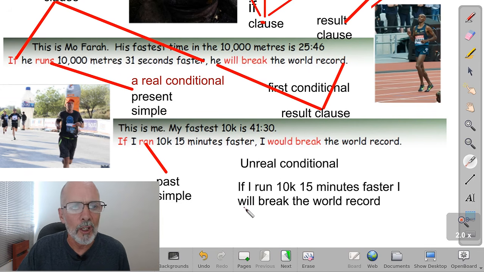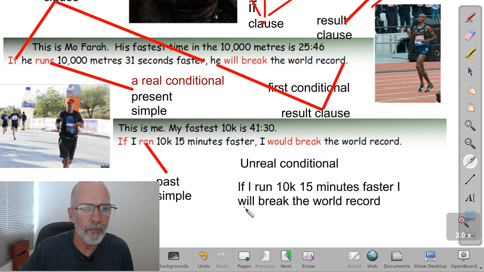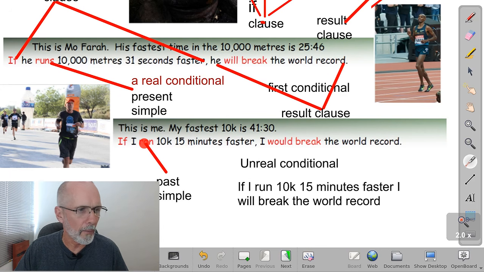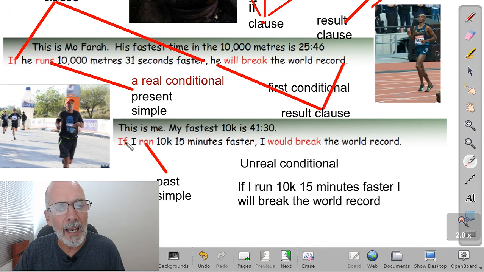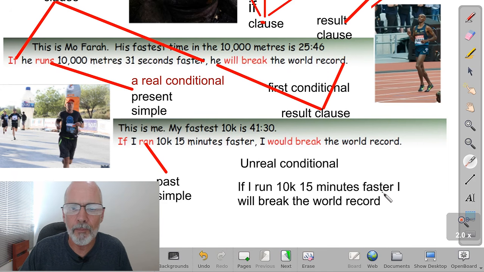So in English, when we want to talk about completely hypothetical situations like this one, we need to put the verb in the past. We are not talking about the past. We are talking about now or the future. We're talking about a hypothetical situation now or in the future, but we need to put the verb in the past. By using if plus the past, we show that this situation is imaginary.